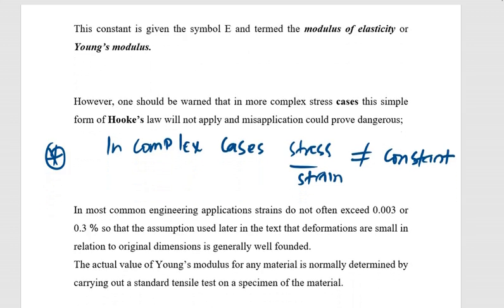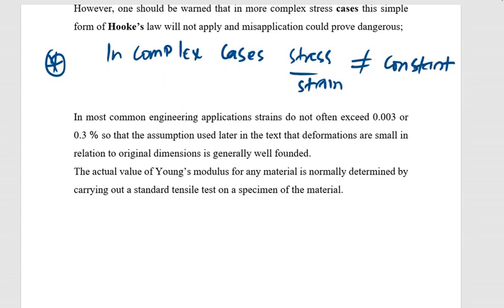Now, in most engineering applications, strains do not often exceed about 0.03 or what we can give as 0.3%. So the assumption used in the text above, that the deformations are always small in relation to original dimensions, is generally well founded, and therefore the actual value of Young's modulus for any material is normally determined by carrying out a standard tensile test on a specimen of the material.